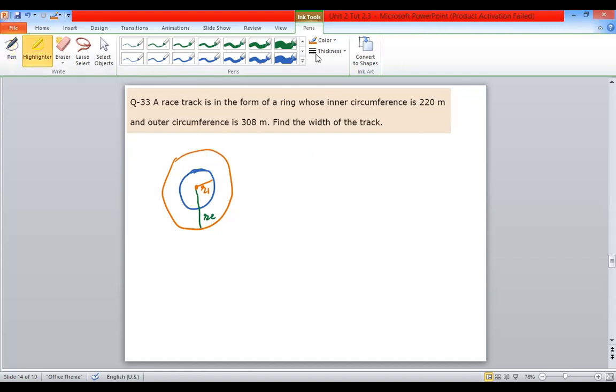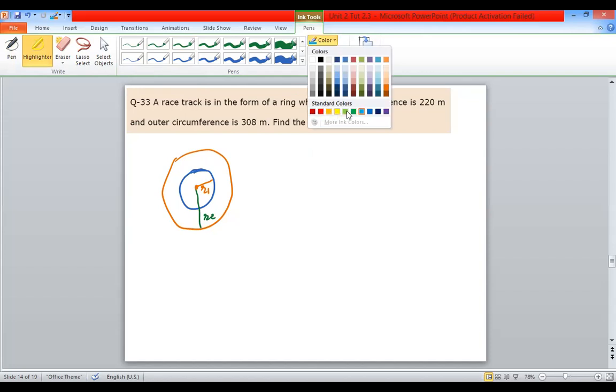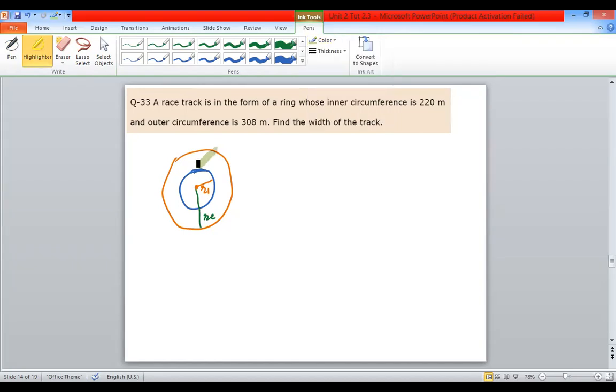They are asking you to find this track width. This width depends on their radii. If I remove R1 from R2, I get this total width.